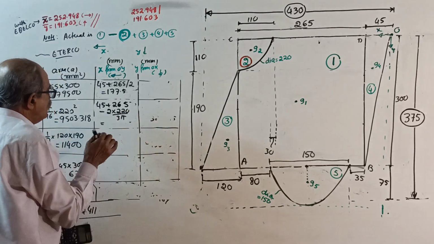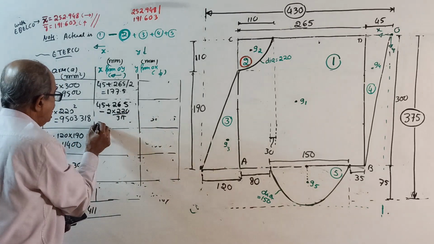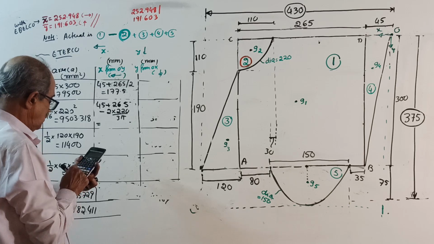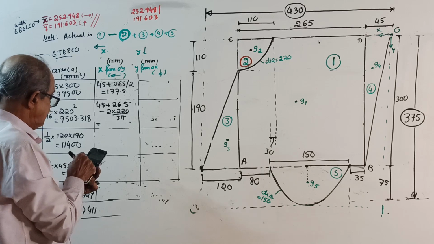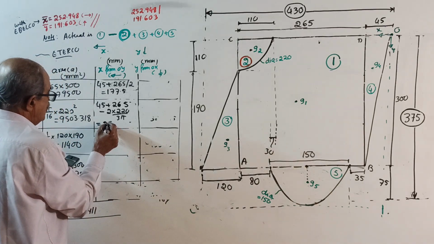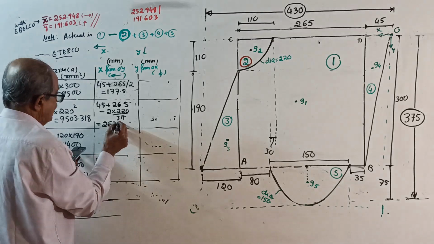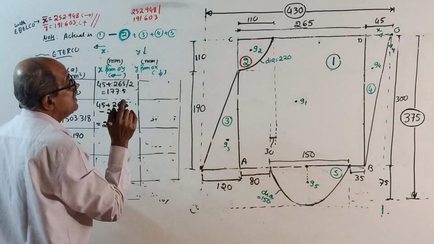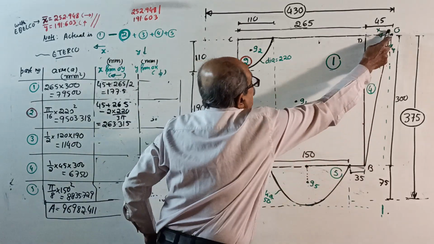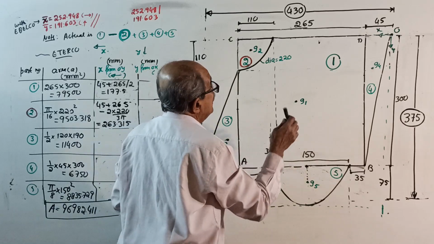If anybody asks, sir, why, I will tell you as usual: leave my class and study somewhere else. 263.315. x3 from here. See, centroid is here.